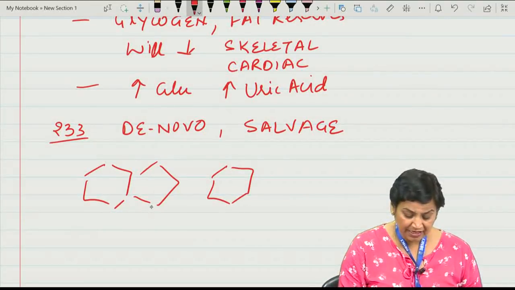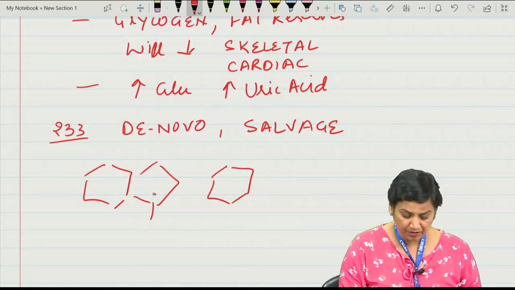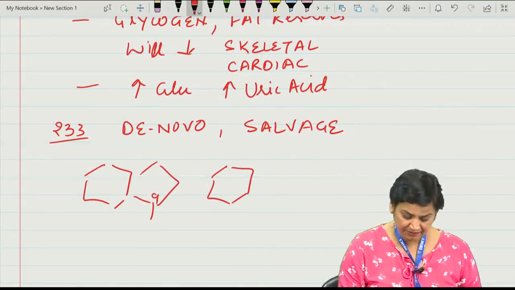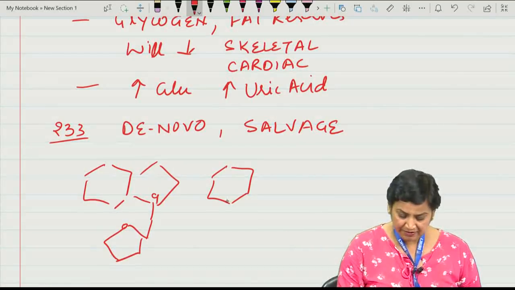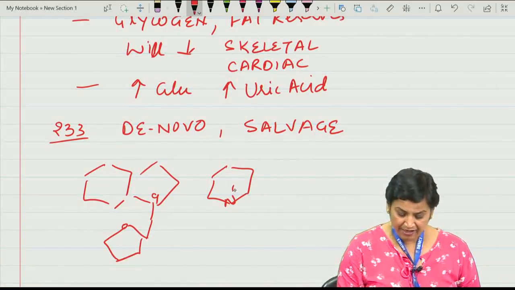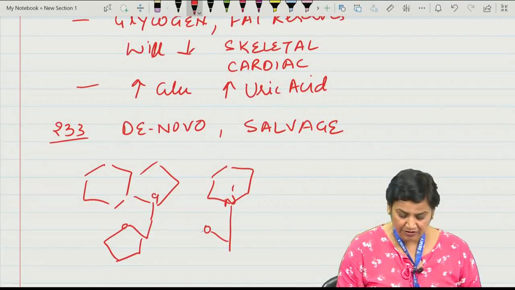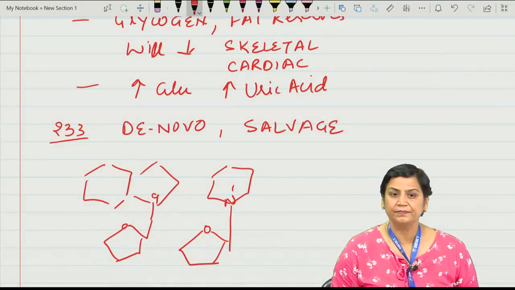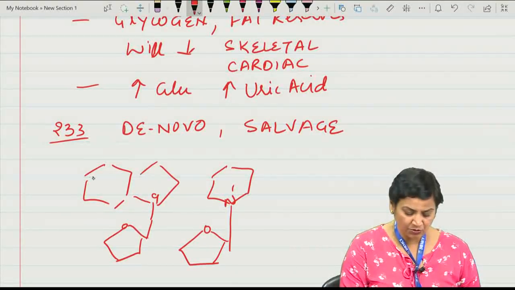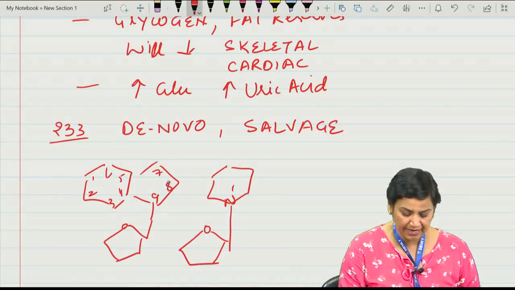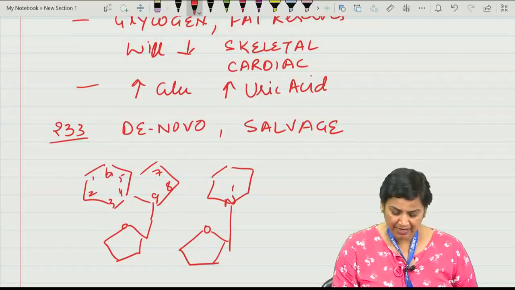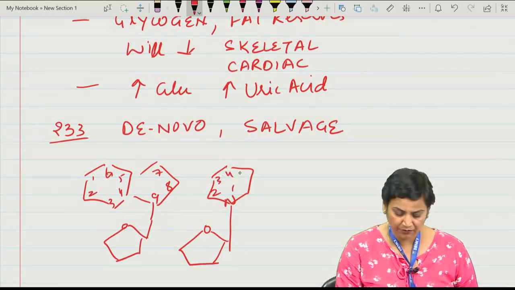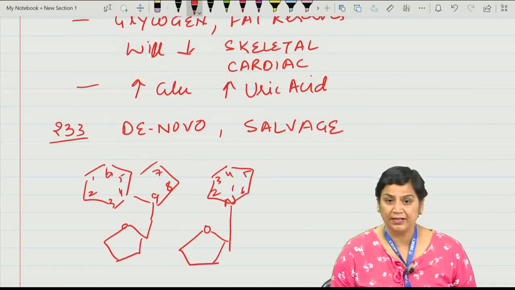The major difference is that purines are N9 glycosides, here they are attached to the sugar, whereas pyrimidines are N1 glycosides where they are attached to the sugar. You can say numbering always starts 1, 2, 3, 4, 5, 6, 7, 8 and 9. Numbering is anti-clockwise, and here it is 1, 2, 3, 4, 5 and 6, it is clockwise.